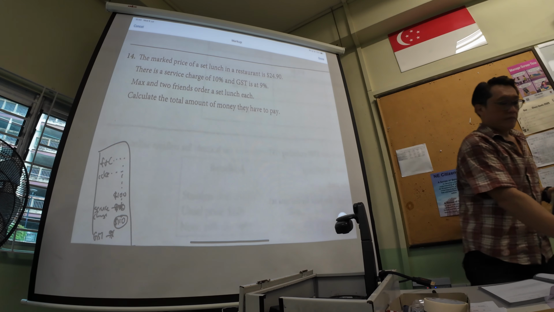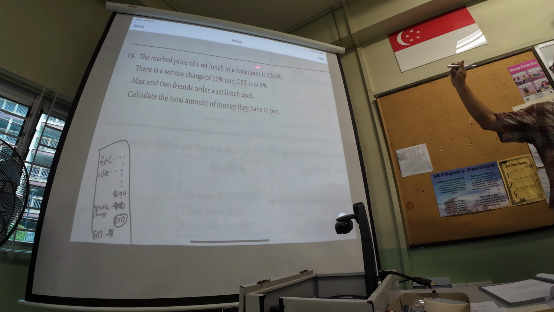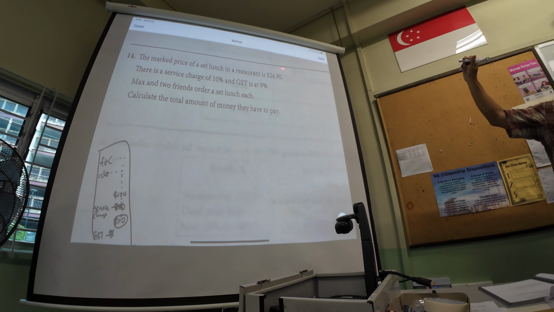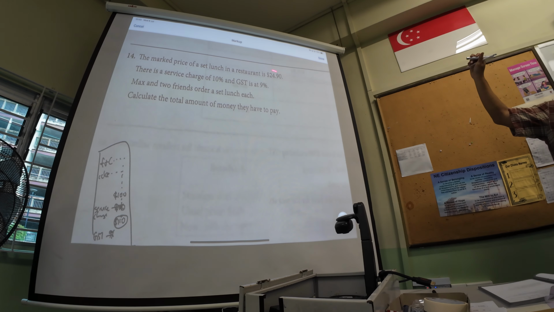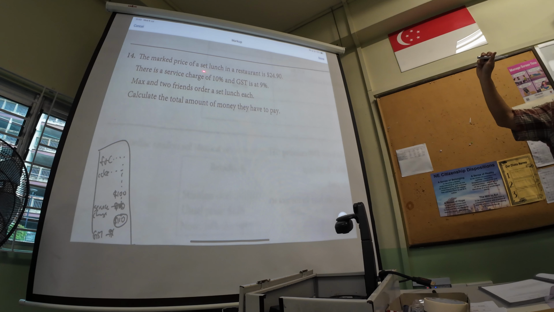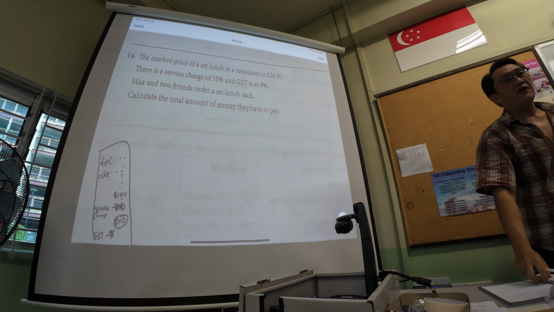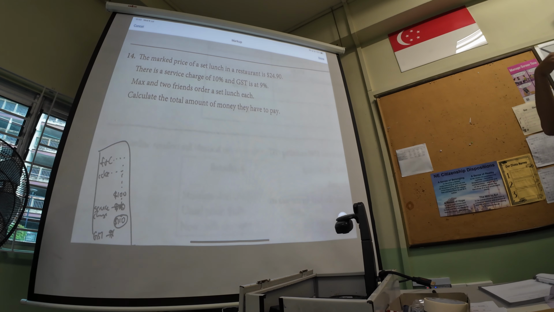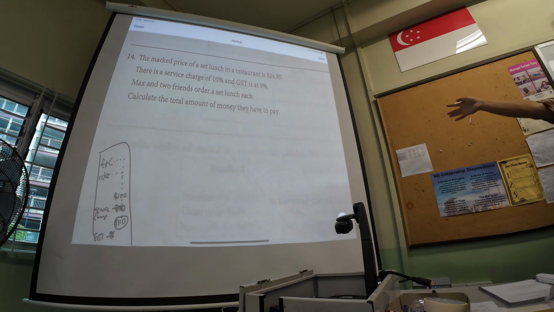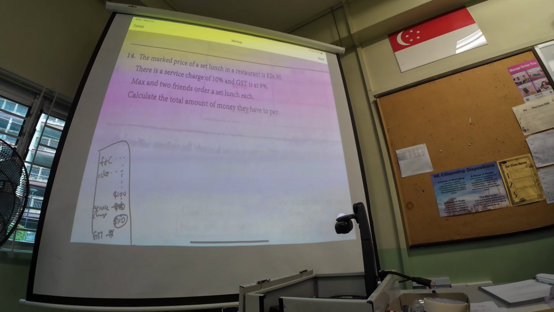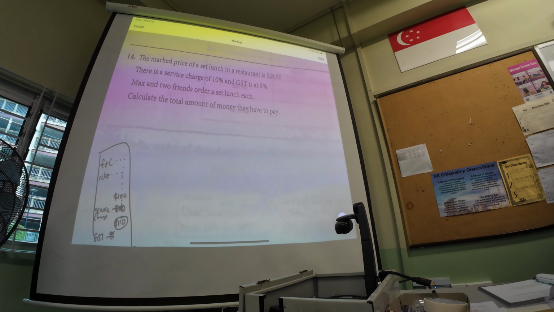So when we are doing this question, same. We start with the price that we pay for the set lunch, $24.90. Then there is a service charge of 10%. So we have to first find out, after the service charge, how much are we paying?